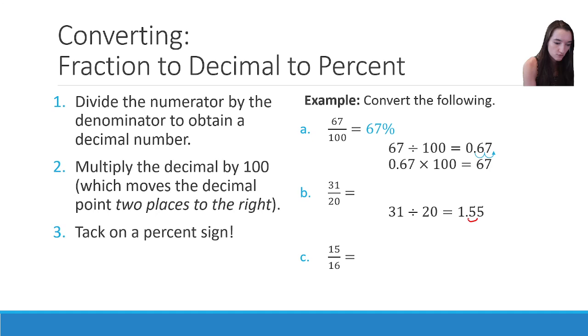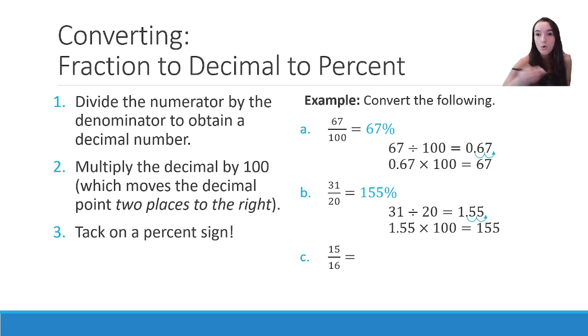Moving that decimal over twice by multiplying by 100, again, you can use your calculator to do that part, but it's good to understand conceptually what's happening, will get us 155. Tacking on the percent sign, it's 155%. So it's more than 100%, because 100% represents a whole.